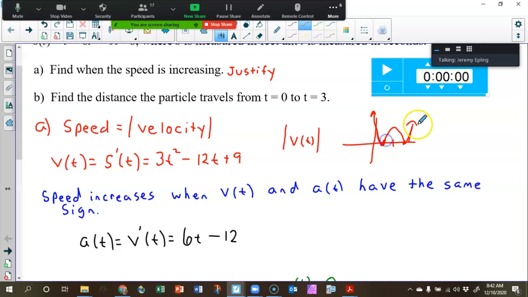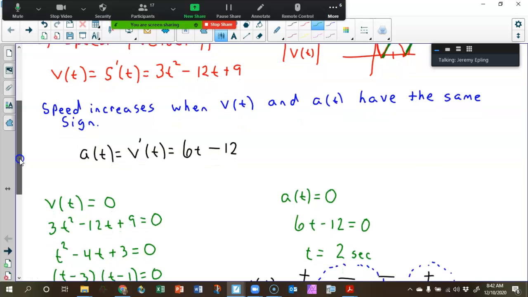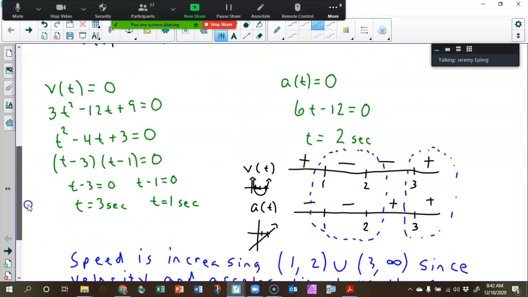So we'd have a graph that looks like this. Well, looky there. We're increasing from 1 to 2 seconds and from 3 to infinity. Now, I can answer the question with a graph. I couldn't justify it with a graph. I still have to deal with signs of velocity and acceleration to justify.